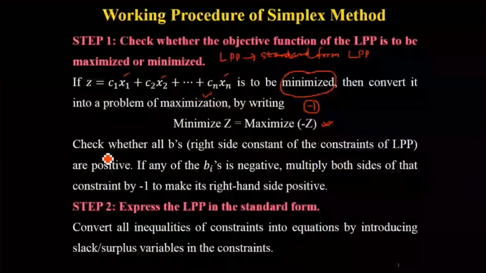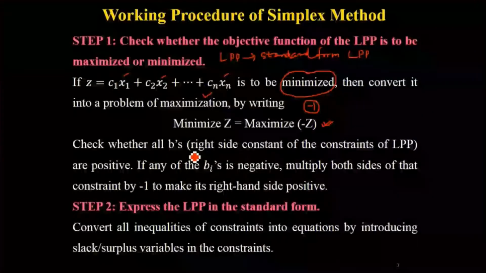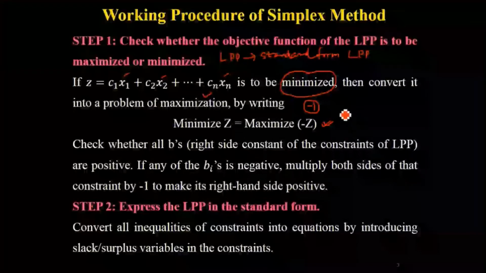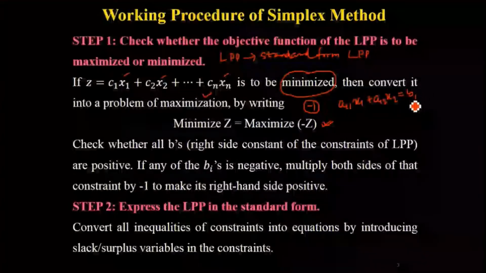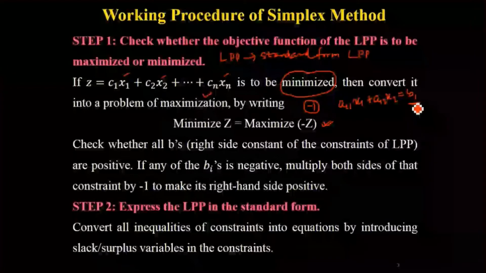Now check whether all the b's, the right side constants, are positive. The standard form will be like this, for example a11 x1 plus a12 x2 equal to b1. This constant b1 should be positive.